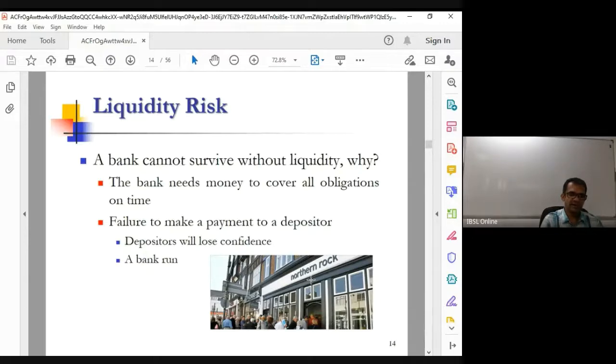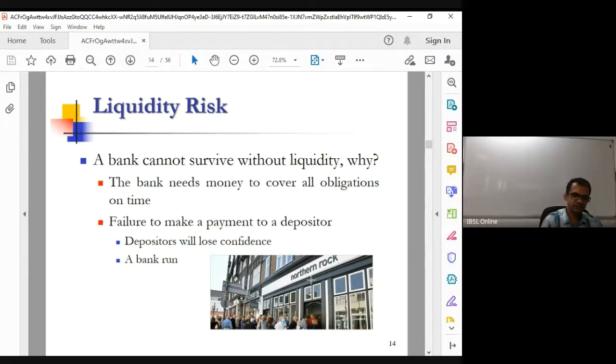Banks realized that some banks were having liquidity problems, but they didn't know which bank. So what they did, they stopped lending to each other. Barclays might have more than enough excess cash. They would like to lend it, but they don't know. Say Citibank, they don't know whether Citibank is liquid enough.